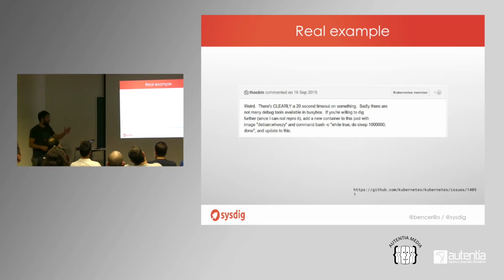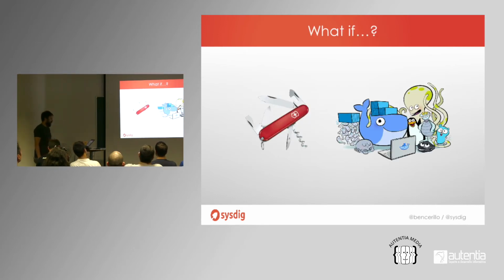And one of the Kubernetes members is recommending, well, there are not really good troubleshooting tools for containers, so Docker run bash, some sleep, some prints, echoes, whatever, and just pray for this to work. Think, what if we have tools that understood how containers work, how namespaces work, cgroups, how those orchestration platforms create the containers.